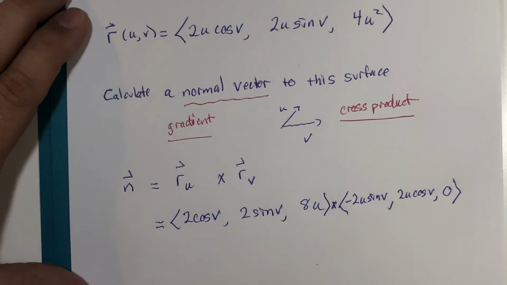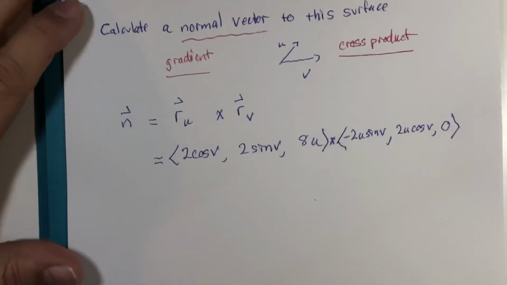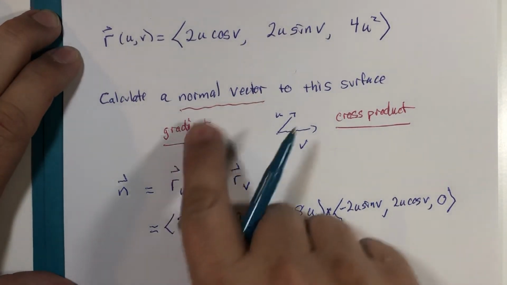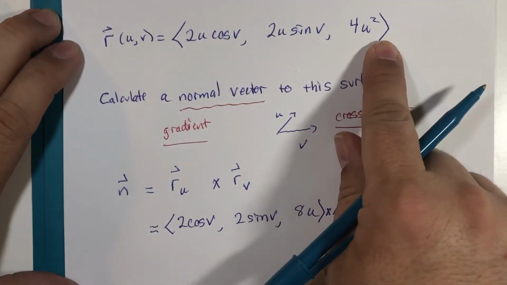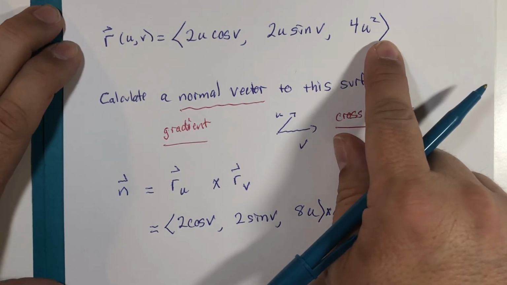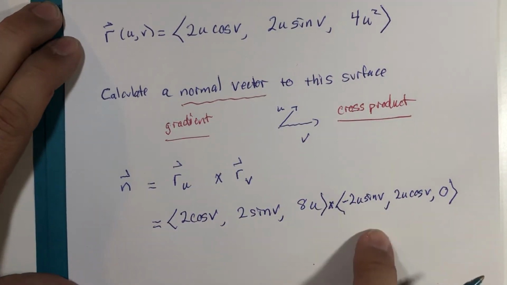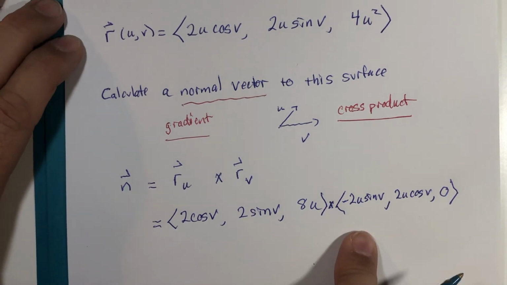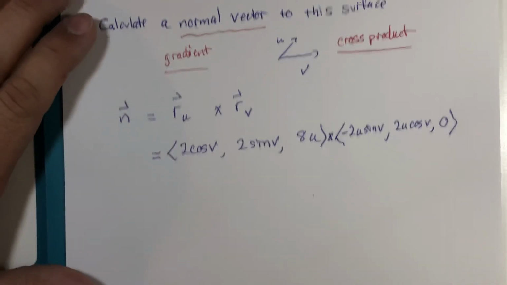And there are so many ways of calculating cross product. If we actually had a point on this graph right now to do the calculation on, it would be really simple to just plug in values for u and v and do a numerical cross product. I want to show you the algebraic manipulation for a later purpose in our surface integrals.